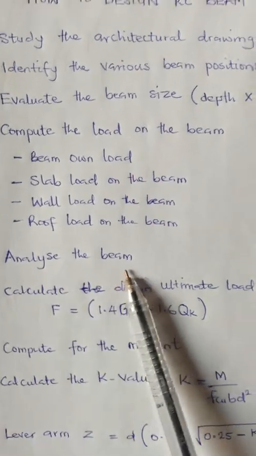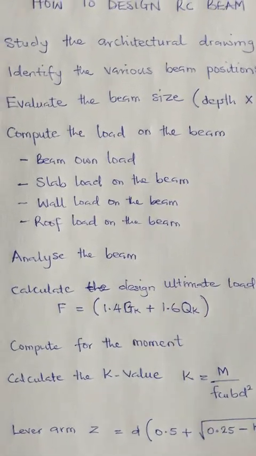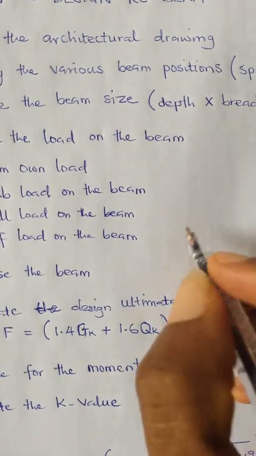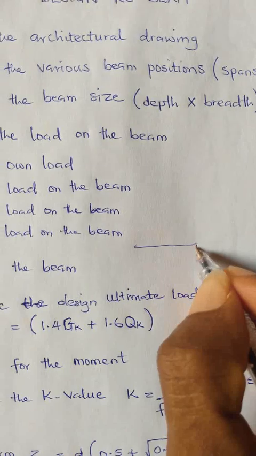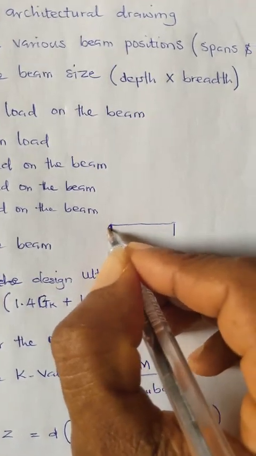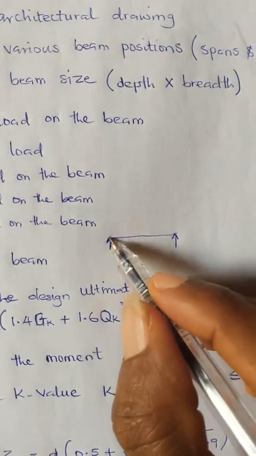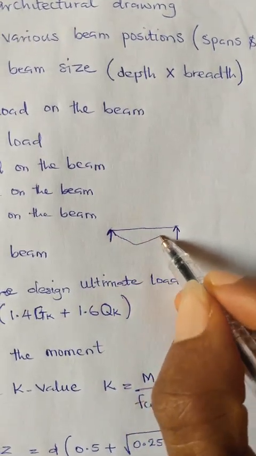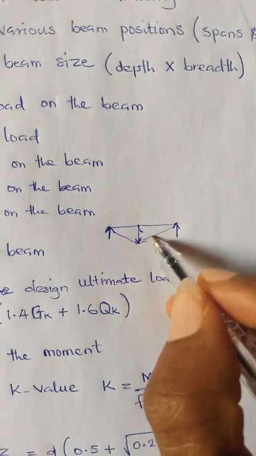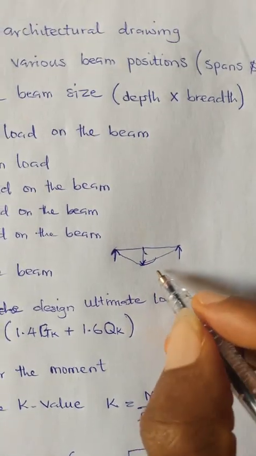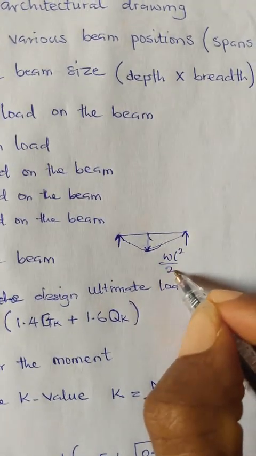So you analyze the beam. Analyzing the beam, in the case of a simply supported beam, for example, you have a simply supported beam in this manner. You will know that the maximum bending moment here will be WL squared over 8.